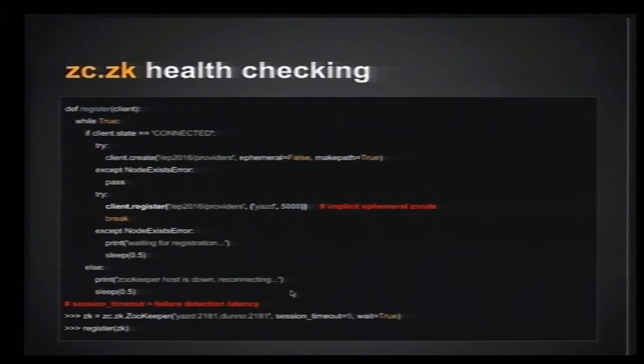Now, about health checking. The health checking in Zookeeper is implicit because Zookeeper has this cool feature named ephemeral node. An ephemeral node is just like that. There are like files or nodes in the file system hierarchy that are present on the file system as long as the session of the client who created them is alive.